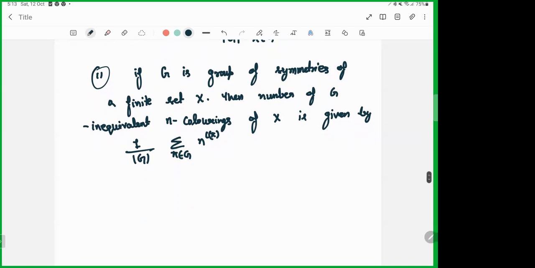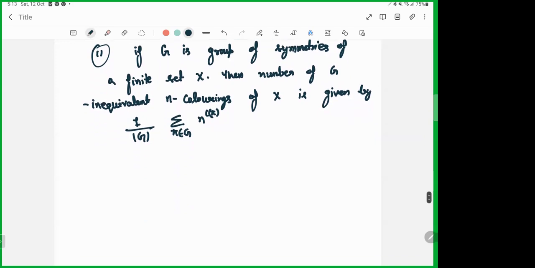With this, we defined the cycle index monomial.